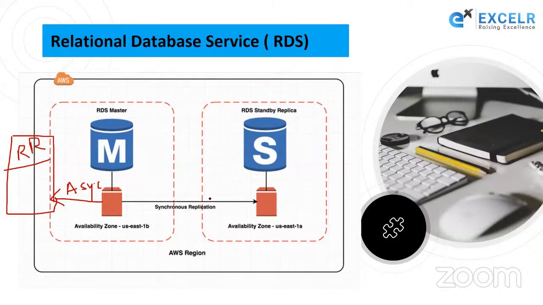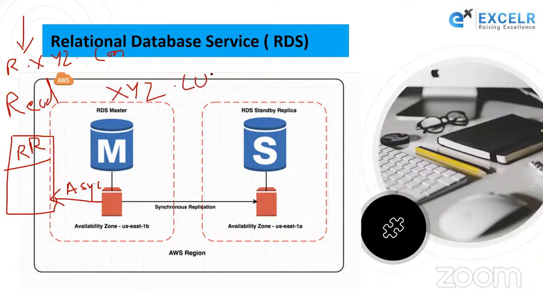By doing this, you are provisioning another database which can take care of the read-only workload. You have to point your application to this read replica URL. This URL will be something like r.xyz.com, and it will be different from the URL of your master database.